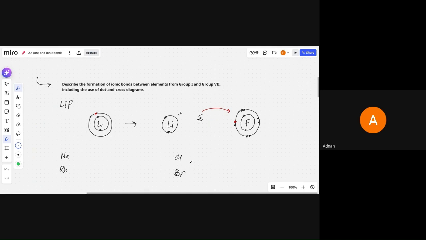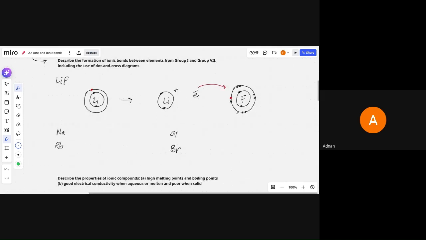Another thing: when you draw one atom, you mention its electrons using a cross. For example, lithium should be like this. These crosses, and then we have another cross here. Let me draw it in red.